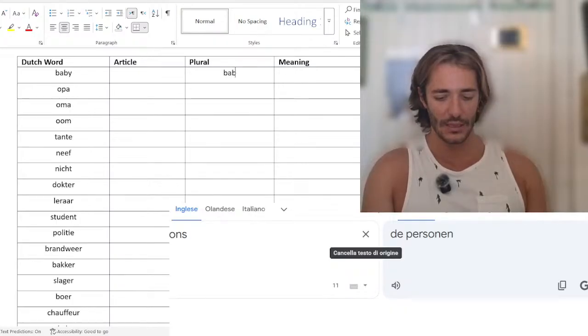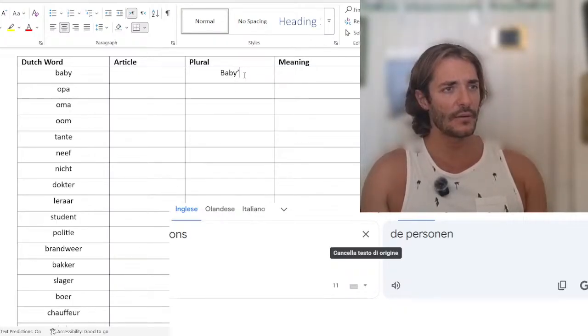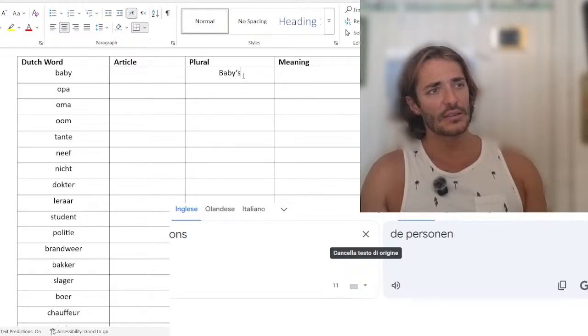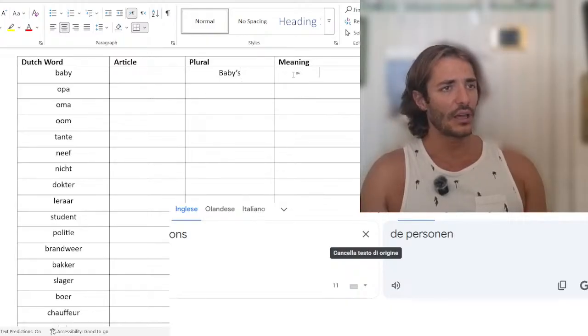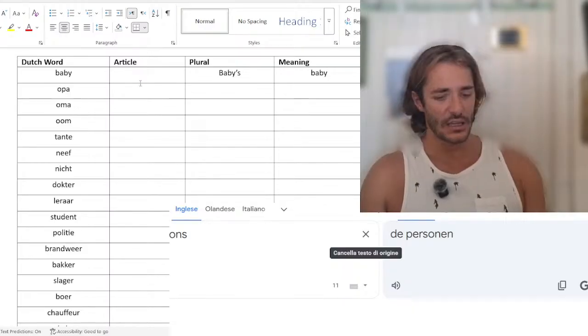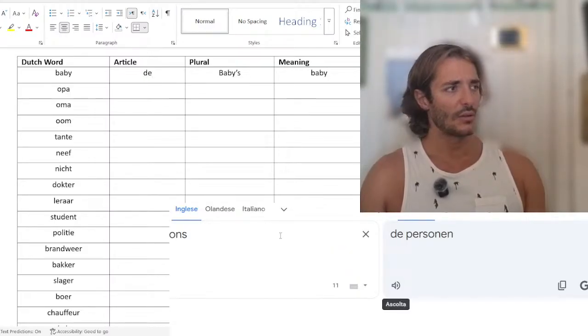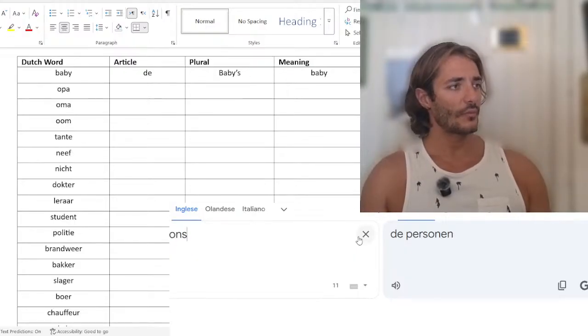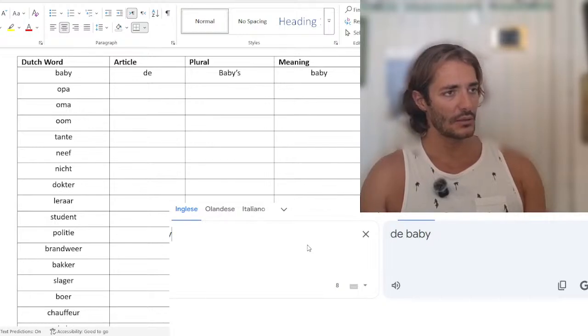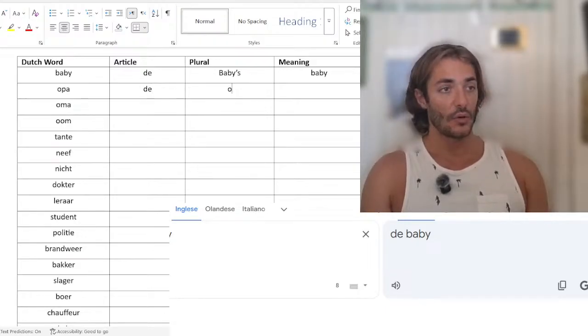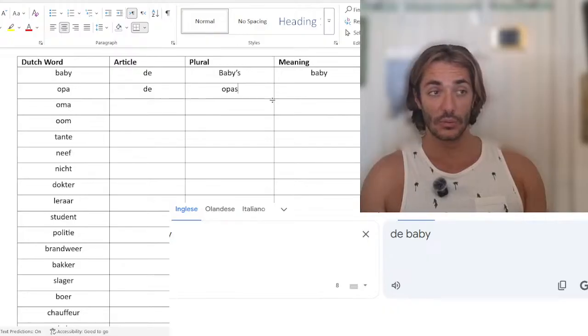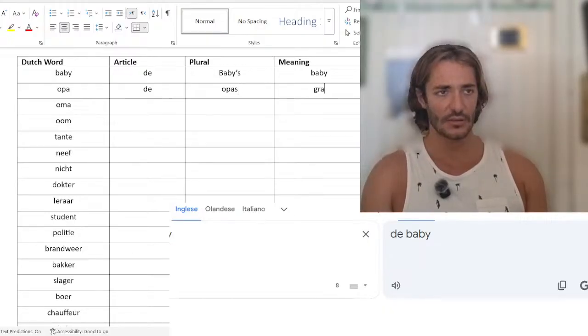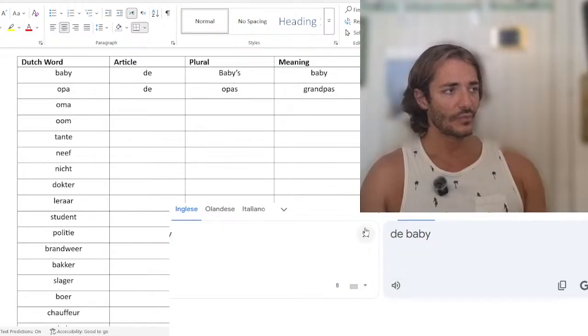Okay, baby is babies because it's a foreign word that does not end by E. Okay, baby. I think it's the. Let's see if this tells us. Okay, the baby. Yeah, the. Opa, this is grandfather. The opa, the opas, probably. This is a kind of exception. Grandpas. Let's see.